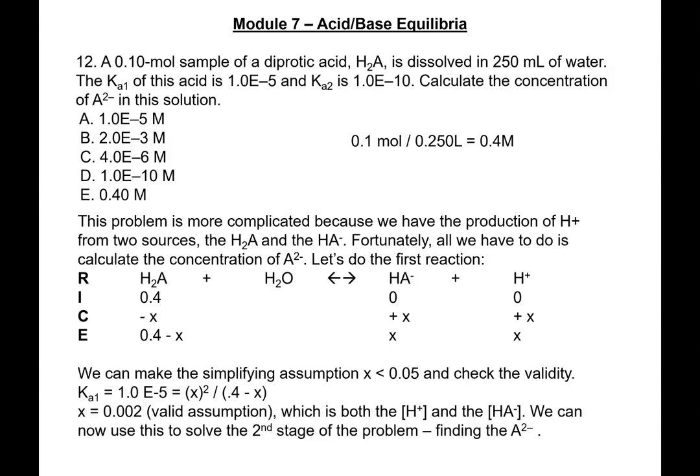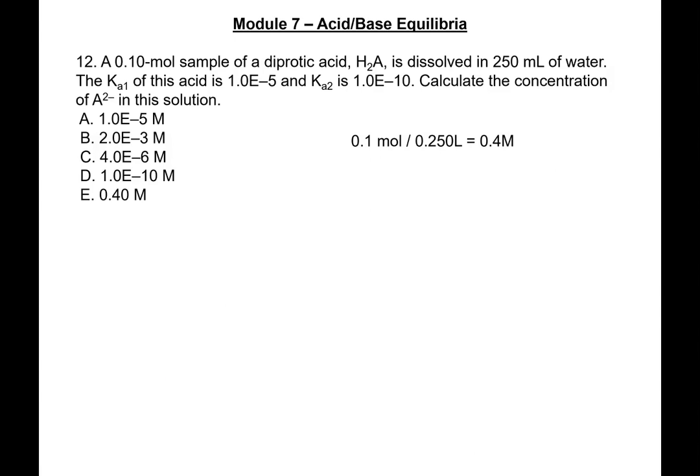This is a valid assumption. It's close, but it's valid. So that's both the H plus and the HA minus. And I can use this to solve the second stage of the problem, which is finding A2 minus. I don't have that in my first reaction, but I can get that. Okay, so I've left the problem statement there.